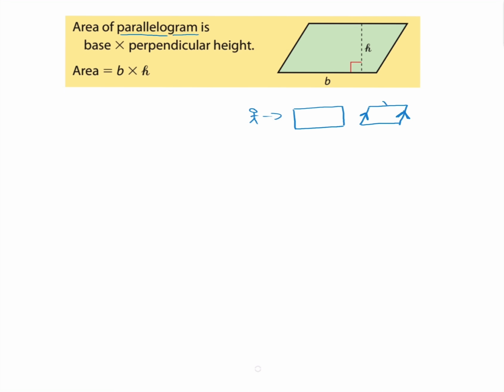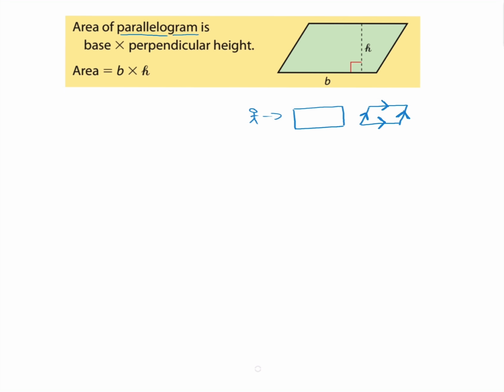And these lines here at the top and the bottom, these are also parallel, so they never cross either. Okay, so a parallelogram is just a rectangle pushed on its side, and it's called a parallelogram because the top and the bottom are parallel, which means the lines never cross, and the sides on the left and the right are also parallel. They never cross.